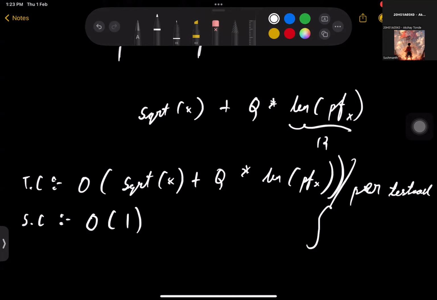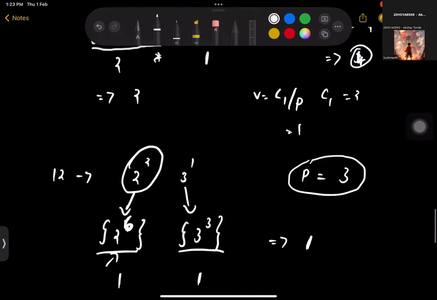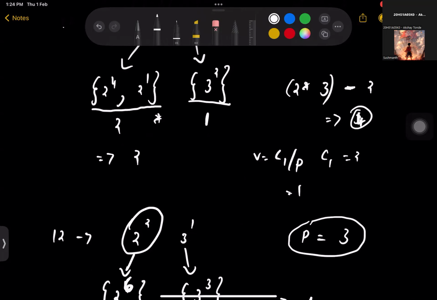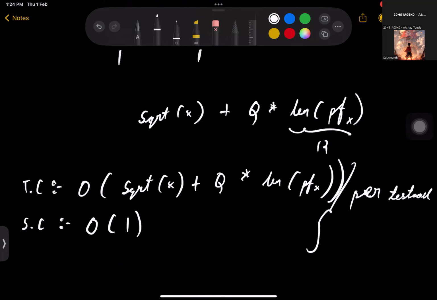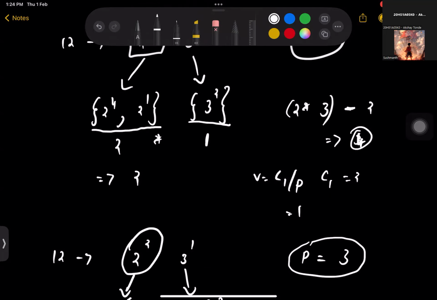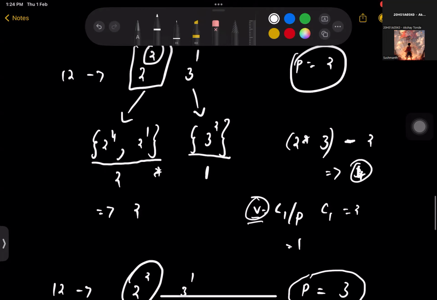And if we implement considering the simplified part, that is just checking if C1 is divisible by 3, then the time complexity would be square root of x plus q into length of prime factors of x. But the given constraints even allow us to brute force and check if there exists any b. That is, fix every value from 1 to C1 and then find if there exists a b.